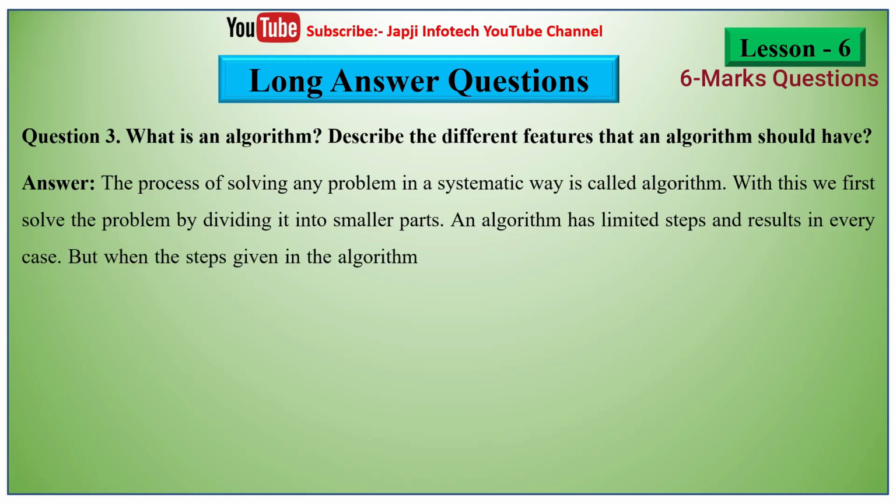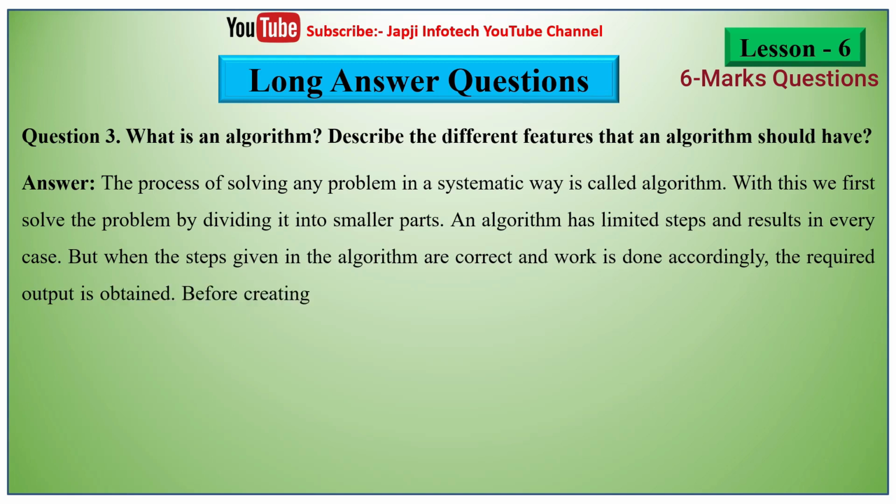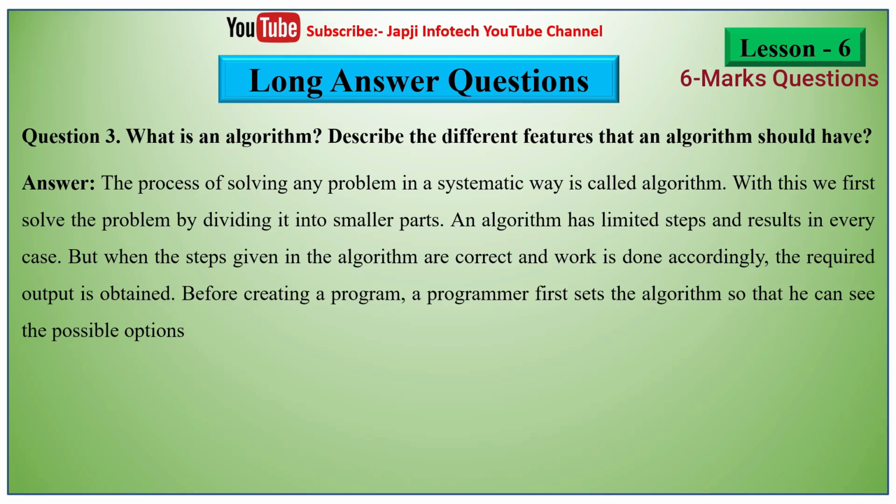An algorithm has limited steps and results in every case. But when the steps given in the algorithm are correct and work is done accordingly, the required output is obtained. Before creating a program, a programmer first sets the algorithm so that he can see the possible options for solving the given problems.